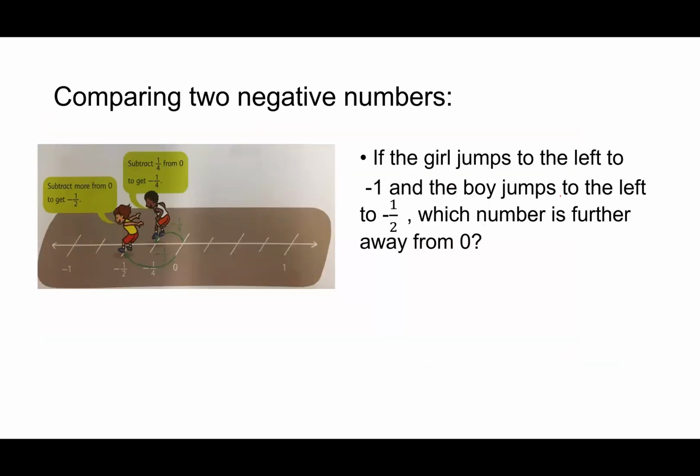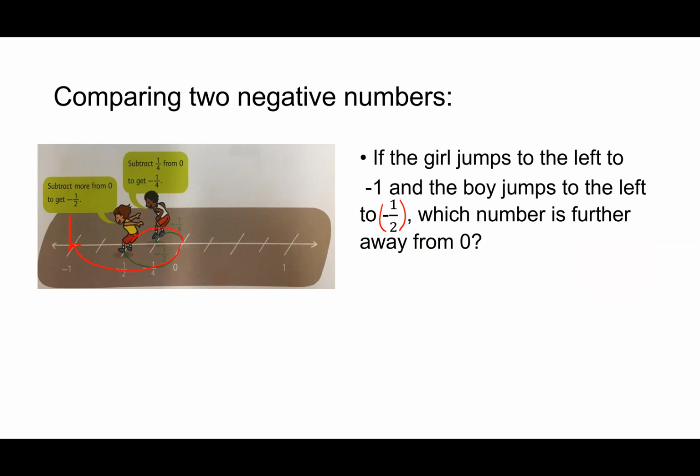If the girl jumps to the left, -1, and the boy jumps to the left, -1/2, which number is further away from 0? -1 or -1/2? What do you think, Tommy? Let's look at them. So the girl jumps -1 and the boy jumps -1/2 to here.